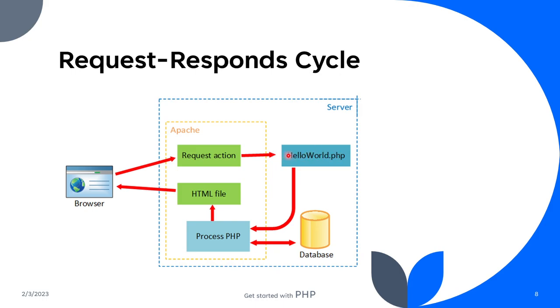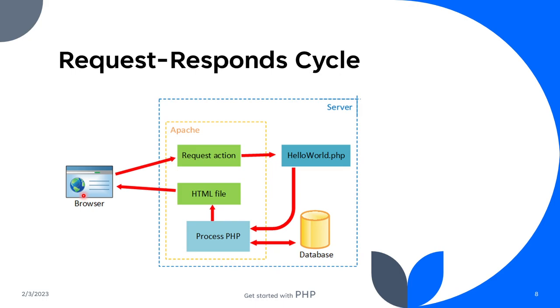Okay, so now that the file is found, it processes it. In the course of the processing, it determines whether to connect to a database to retrieve some information from there or not. Then whatever goes on here is processed again and sent to an HTML file, which is then sent back to the client or the browser for view.